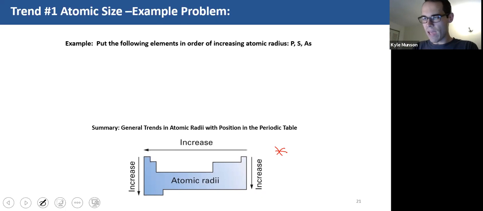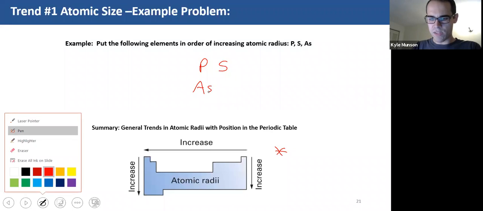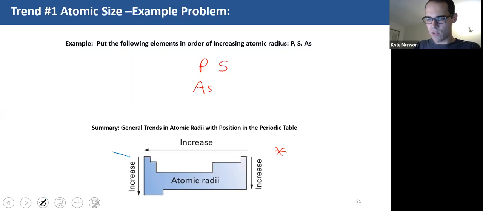So if we do that, we have sulfur, and then next to it on the periodic table is phosphorus. And then below phosphorus is arsenic, okay? If we just basically draw our trend, shown here right on top here, it increases going this way and down, okay? So that means in order of increasing atomic radius, sulfur is going to be the smallest, right?